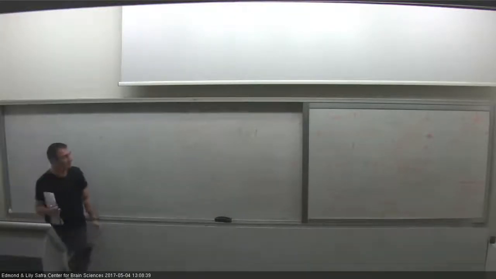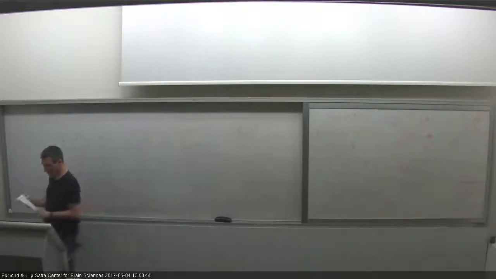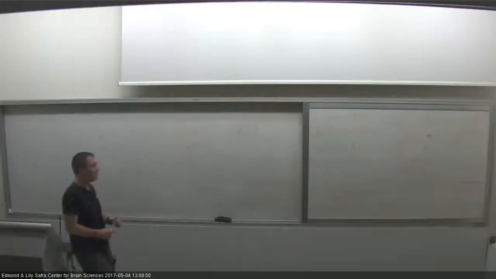So the question is, why use hyperbolic tangent rather than threshold linear that we used in the previous example? More generally, the question you may want to ask is, why use one type of nonlinearity versus another?